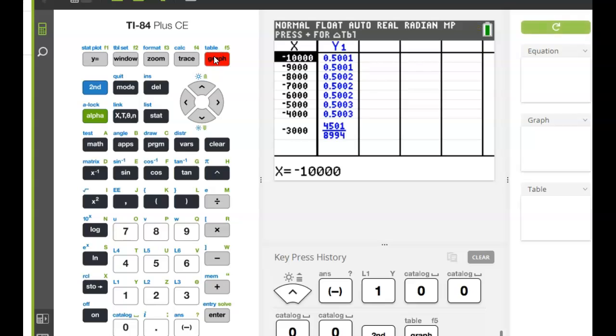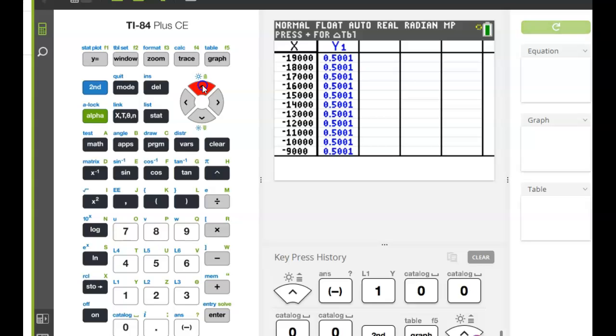Second table. Now I start getting those decimals to appear. But I want to go more negative direction, so I'm actually going to hit up. I forgot we were going to negative infinity. And you can see I'm going up by 1,000 each time. Well, look at my answer. Is it changing? The output is staying the same.